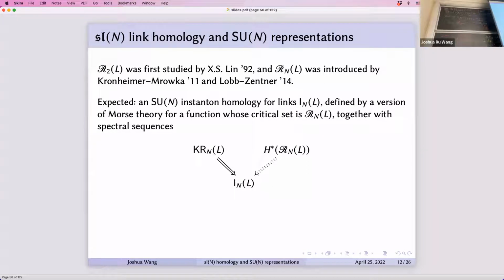What you'd expect is that there's some SU(N) instanton homology for links with a spectral sequence from Khovanov-Rozansky homology. And you expect that this instanton homology is defined as a Morse theory for a function whose critical set is this representation space. So that you get a spectral sequence from the cohomology of the representation space to the instanton homology.